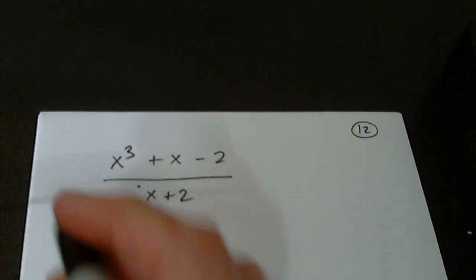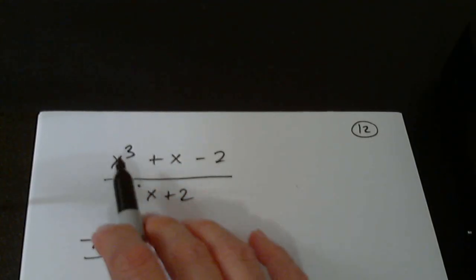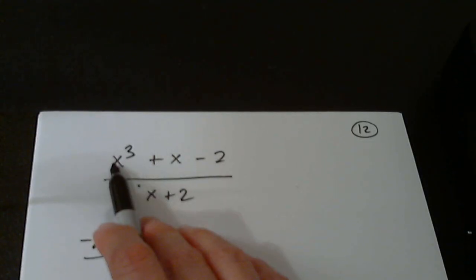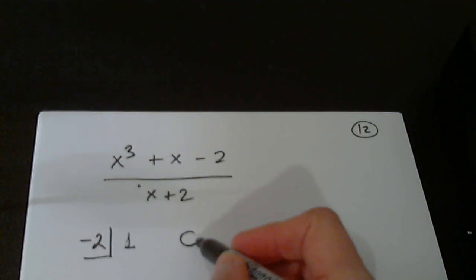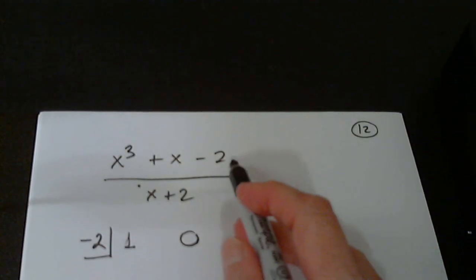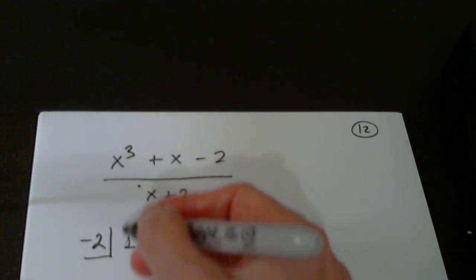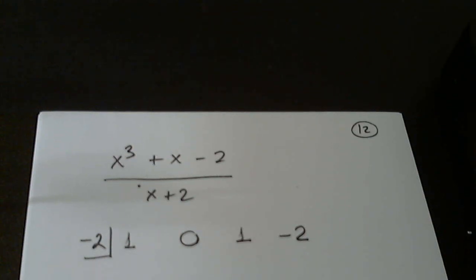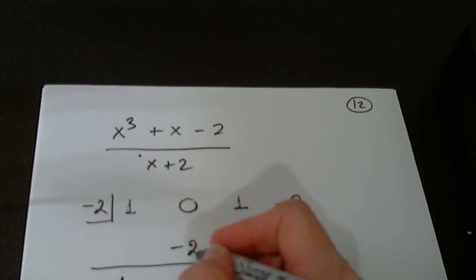Is it -2? Indeed. Now I have to be very careful. The degree is 3. The leading coefficient is 1, but degree 2 is missing. Degree 1 has coefficient 1, and degree 0 has -2. I always bring down the first coefficient, no matter what it is. -2 times 1 is -2.